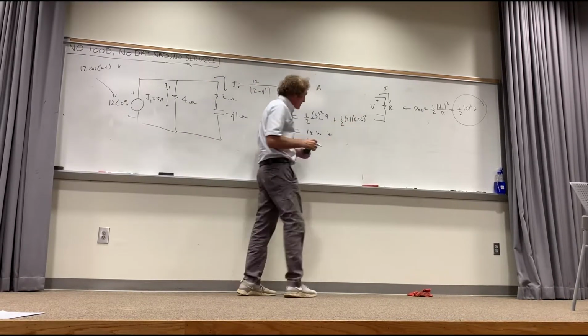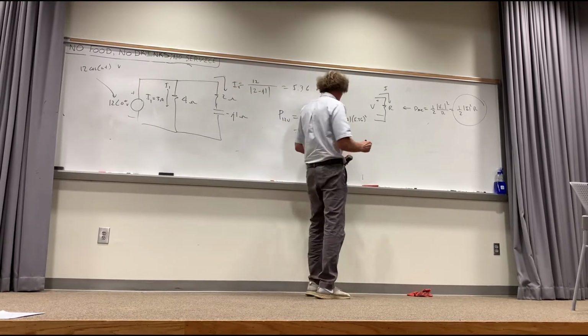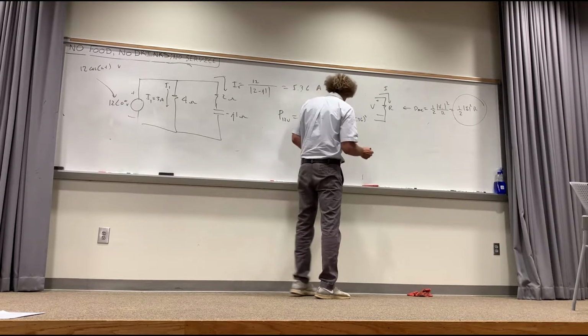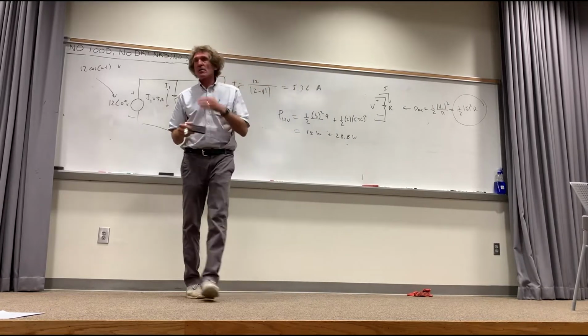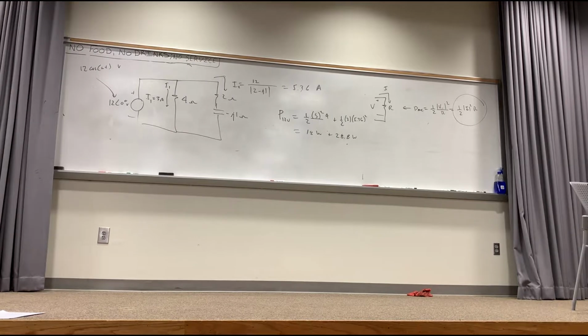And for the second one, what do you get? 28.8? I've done this one. Is it 28.8 for the second one? Yeah. All right. So the total power dissipated by both of those resistances would be the sum, and that would be the power supplied. That's the only thing I'm trying to show you, how to calculate power for a circuit like this. You get the current.